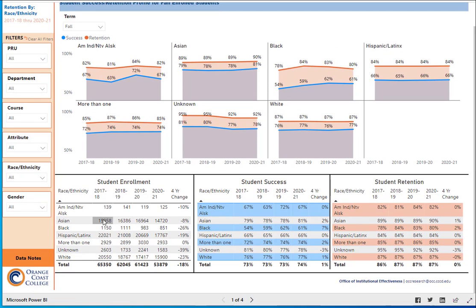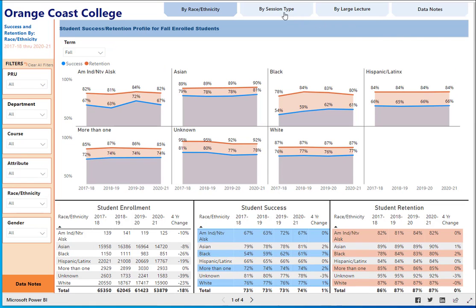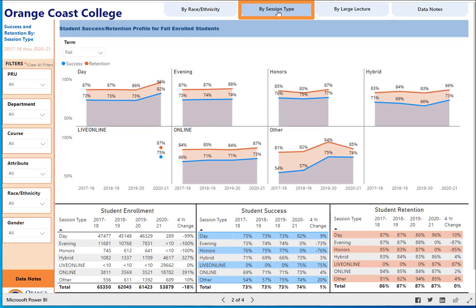On the bottom, you can see student enrollment numbers. You can see the student success, again expressed as a percentage, and then again, the retention expressed as a percentage. You can see that we can also view the data by session type. If you select the button on the top that says by session type, you now see the data displayed day, evening, honors, hybrid, live online, online, and other.